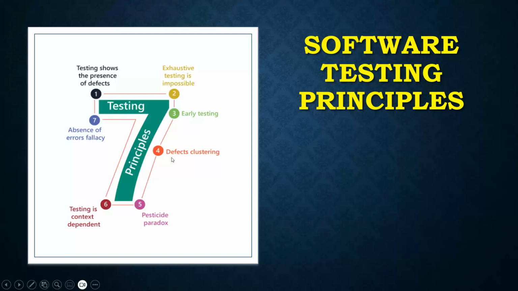Defect clustering. Let's say you find 4 bugs in your software. Those 4 defects, you should have the knowledge to prioritize. Let's say login: if login functionality is not working, how can you use that web application?